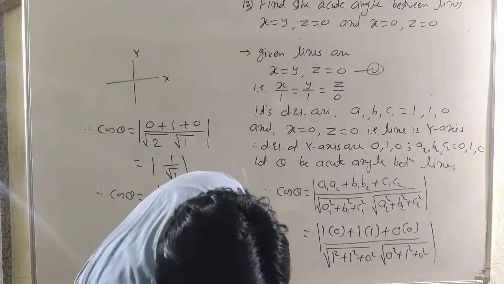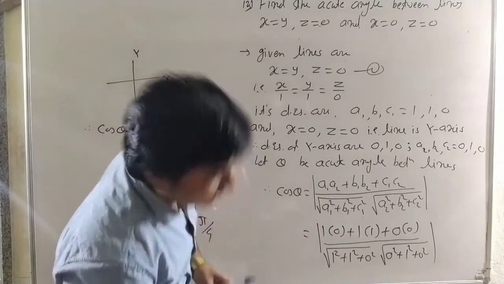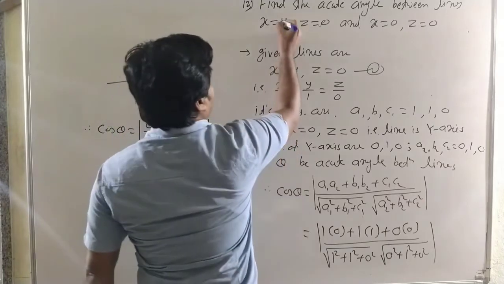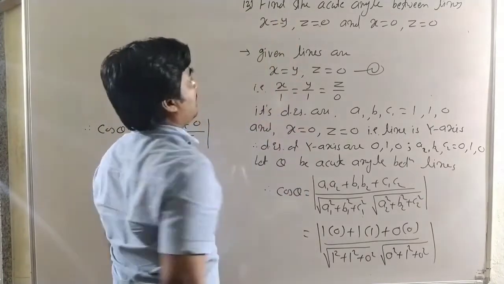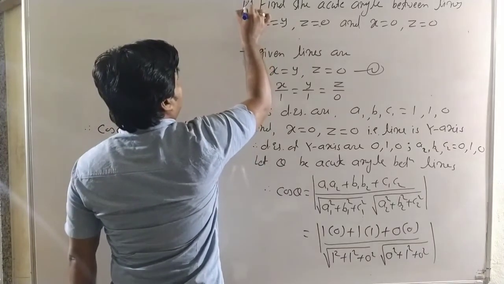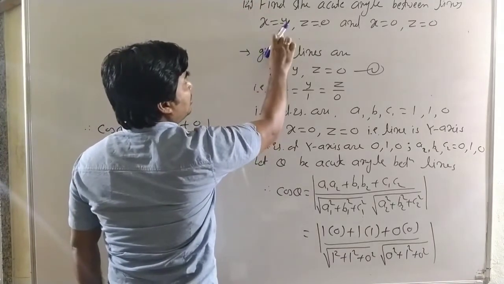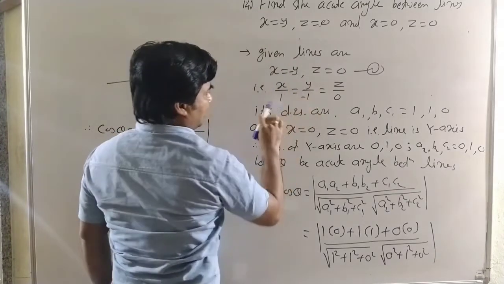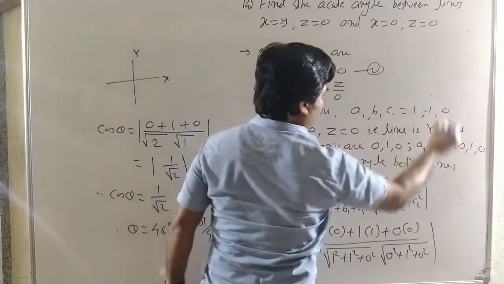Now next is the same example, only change here. It is minus y. Here it is example number 14. See carefully, only change is x is equal to minus y. That means in this type of equation, it is minus 1.